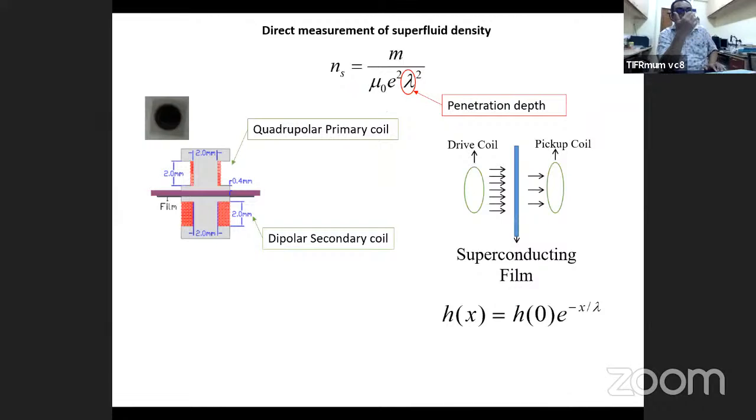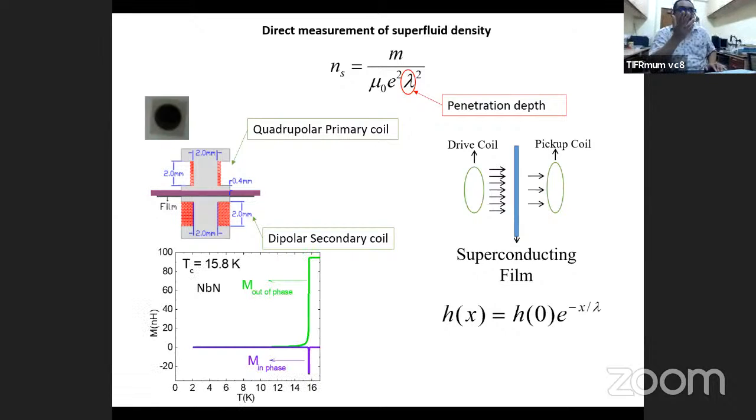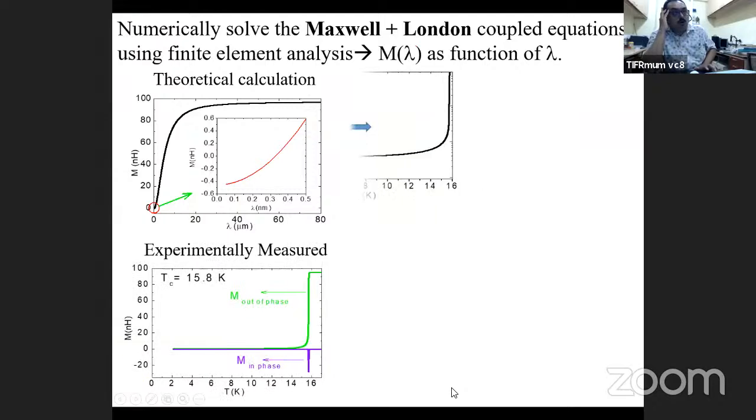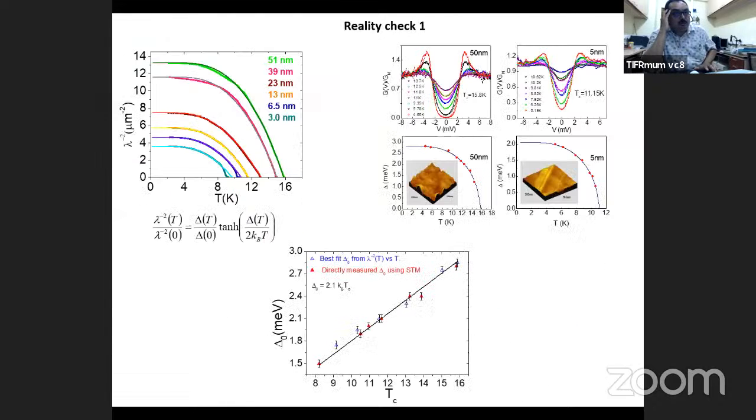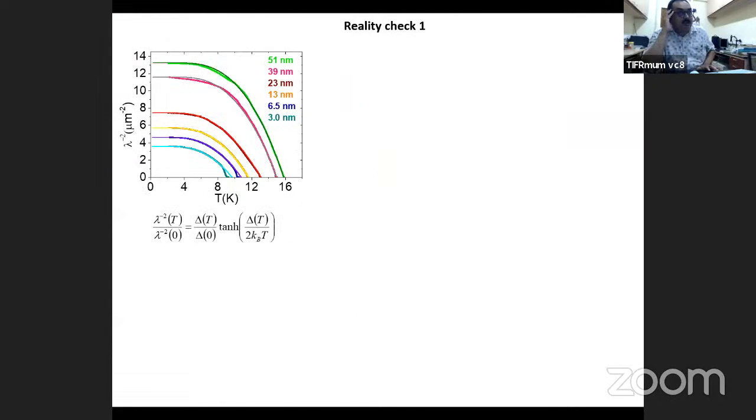So what you have to do is to measure the superfluid density in thin films, and this is something that we have already discussed long back, how to measure the penetration depth, and if you can measure the penetration depth, you know how to calculate the superfluid density using this formula. So now I will straight away go to result.